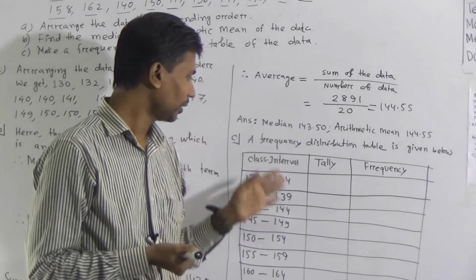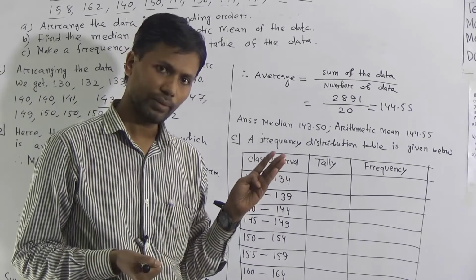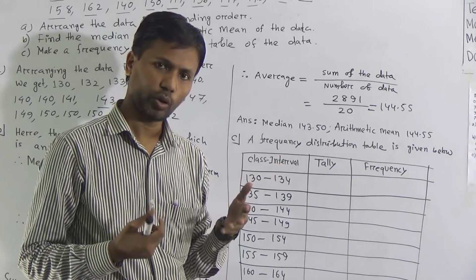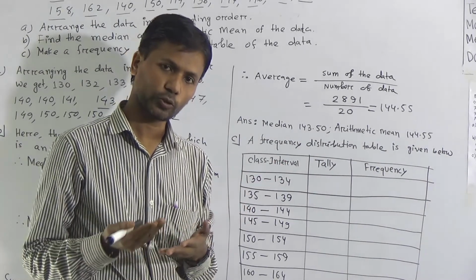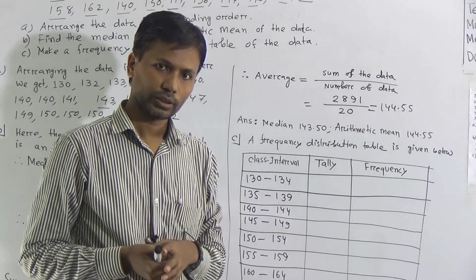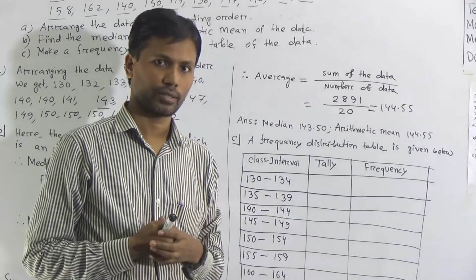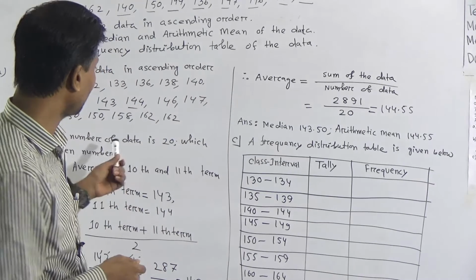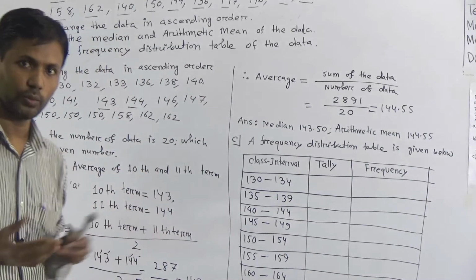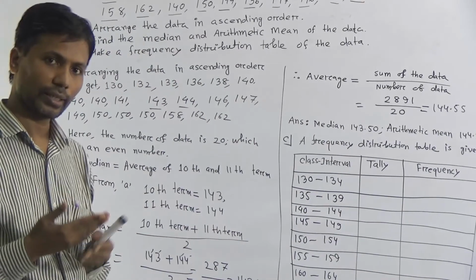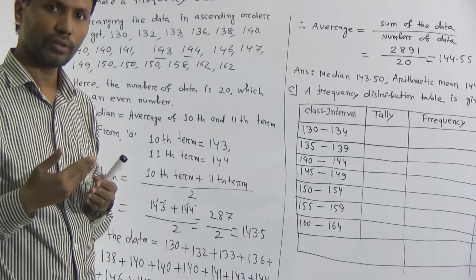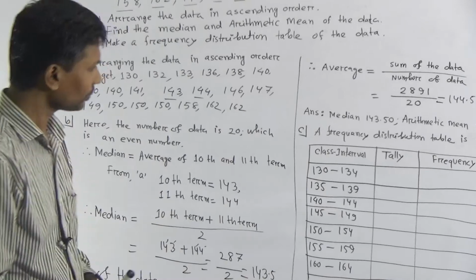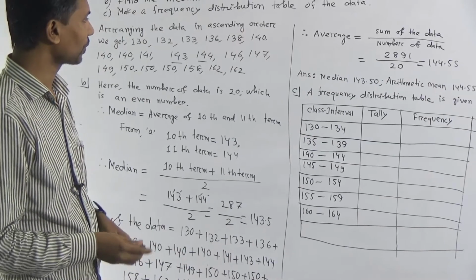You can also take 25. Sometimes 100 will be taken. That is your wish. When the data is much larger, you can take the class interval 15, 50, or even 100.